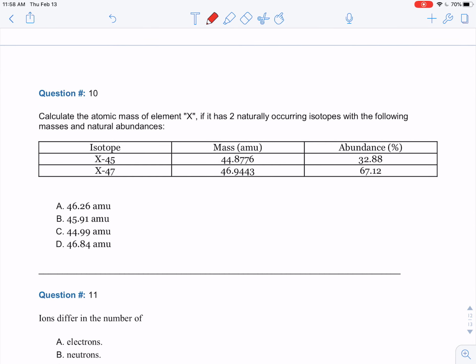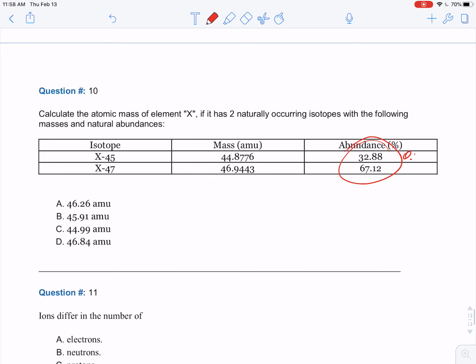Calculate the mass of element X if you have two naturally occurring isotopes with the following masses and abundances. Remember, we take these two fractional abundances, so this is 0.3288 and this is 0.712.